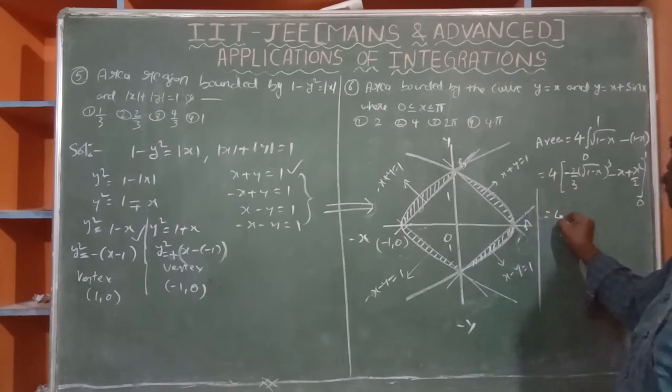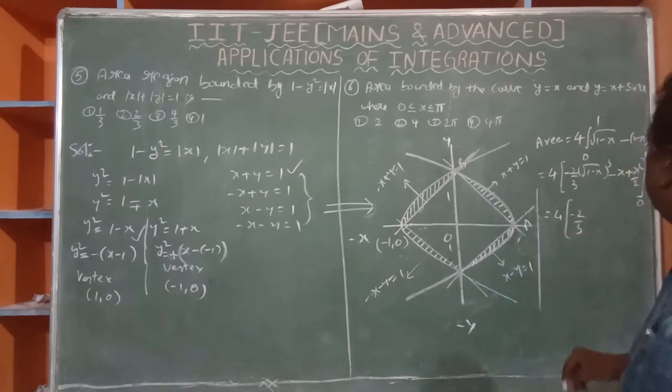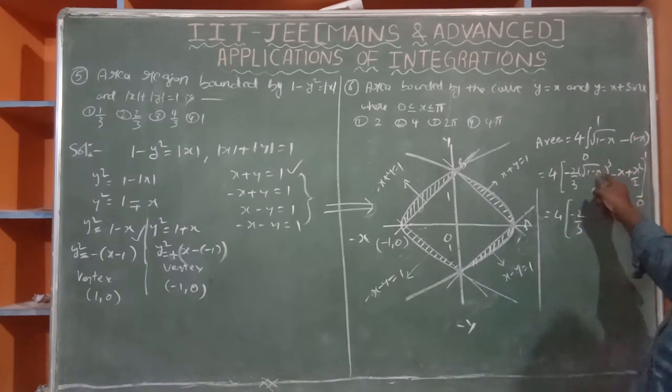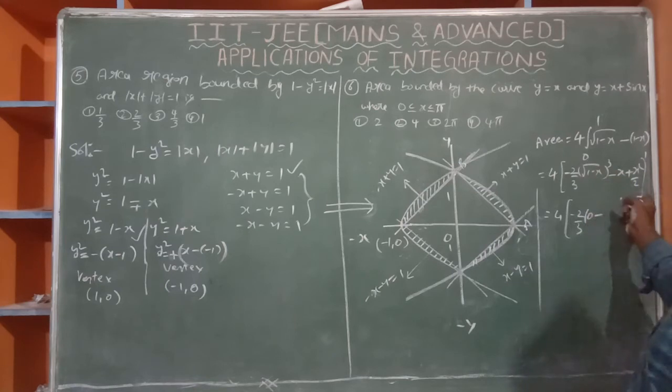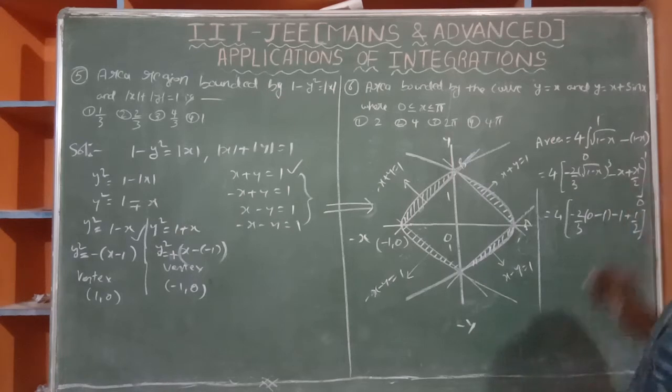So it is 4 times minus 2 by 3. You substitute 1: 1 minus 1 is 0. Next, substitute 0: root of 1 minus 0 is root 1, 1 cubed is 1. Then the other term is minus 1 plus 1 by 2. You delete the 0 simply.